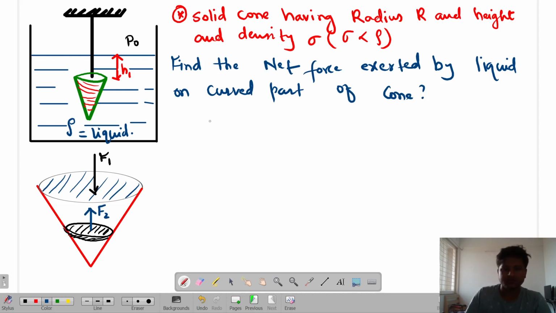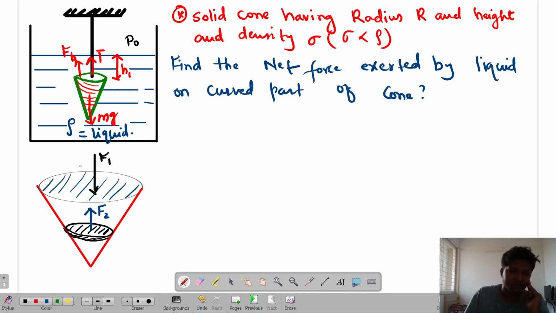I can't write this whole equation in terms of mg, because on this cone one extra force is present, which is tension T, which is trying to balance mg, and then there is buoyancy force FB. If we try to write that equation, that is totally different. It will not give you the force exerted on the curved part of the cone.